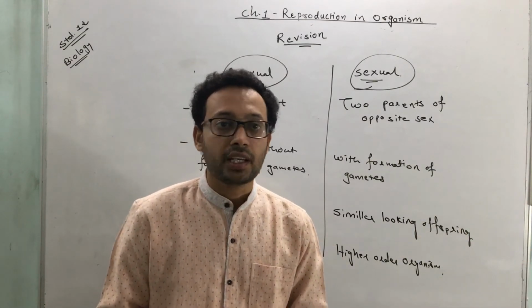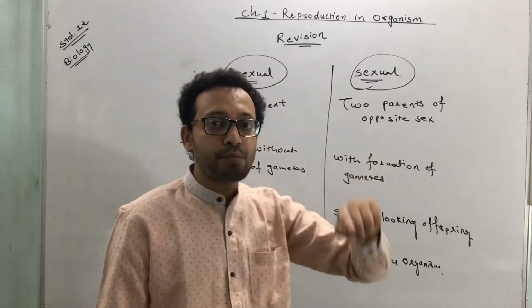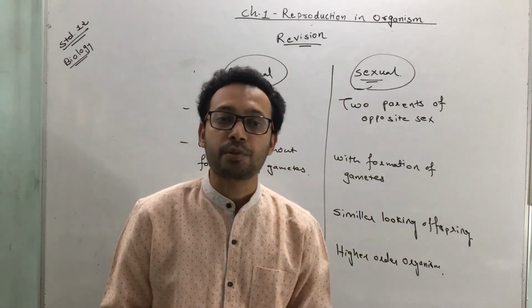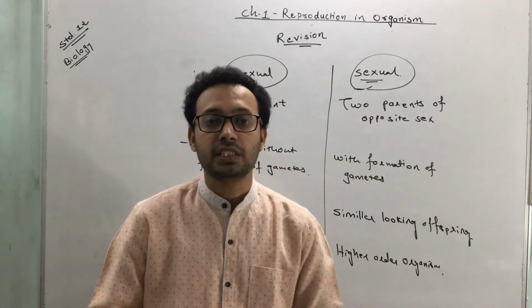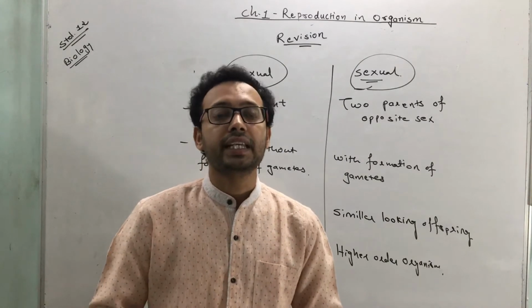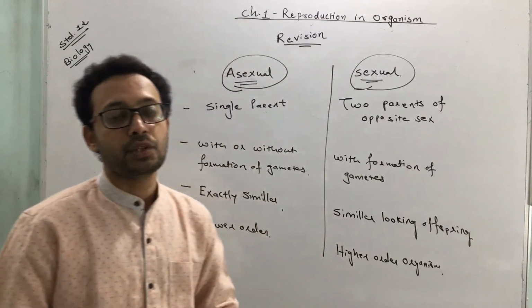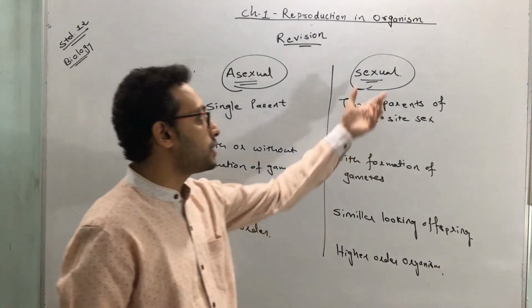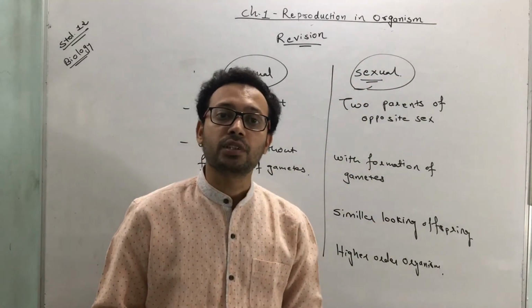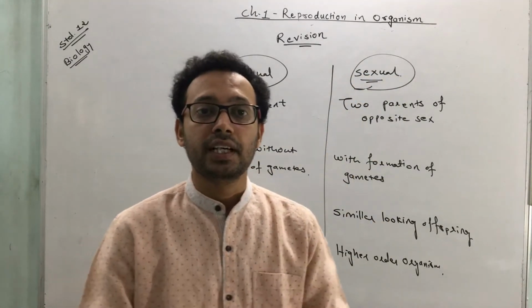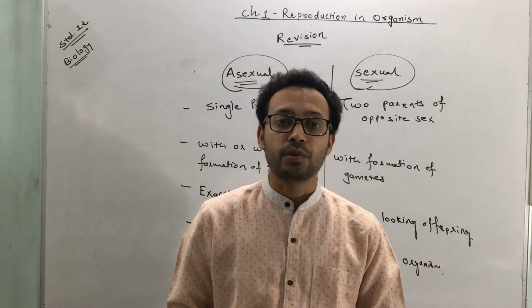So there are lots of chances of improvement, or lots of chances of evolution, in sexual reproduction compared to asexual reproduction. That's why the sexual mode of reproduction is much better than the asexual mode.